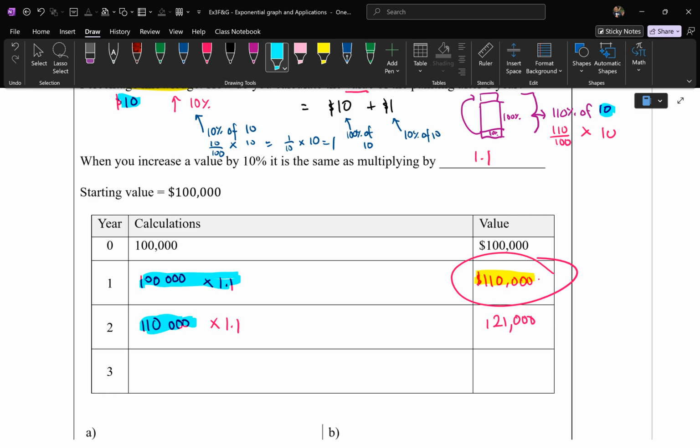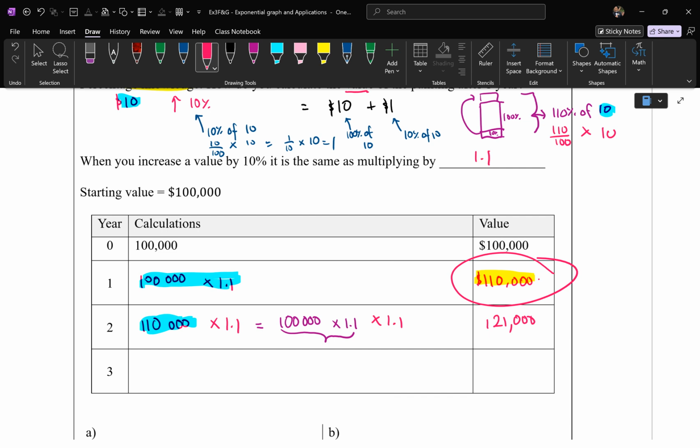Now, if that is 110,000, what you get is 100,000 times 1.1, times, which I'll do color coding, times 1.1, because that's what you were saying here. You said times by 1.1, this is your 110.